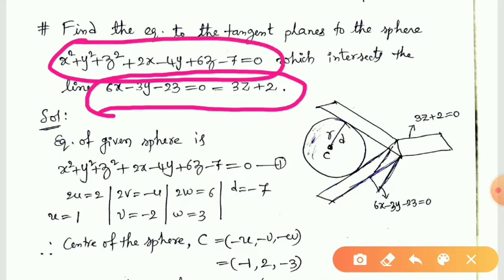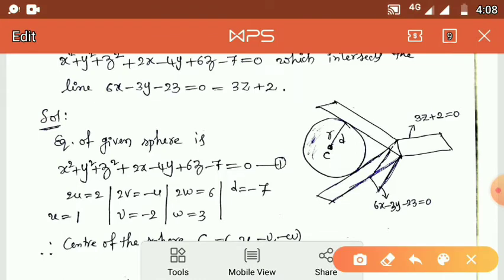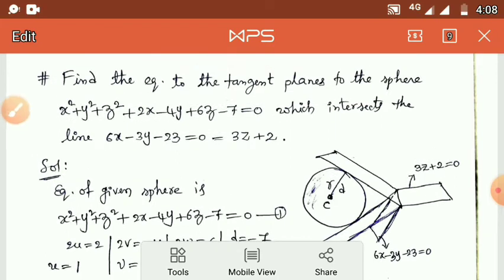Actually, you can see in the diagram, there are two planes passing through this line and touching the given sphere. This is one plane, and this is another plane. Therefore, in this problem also we will get two equations of planes.